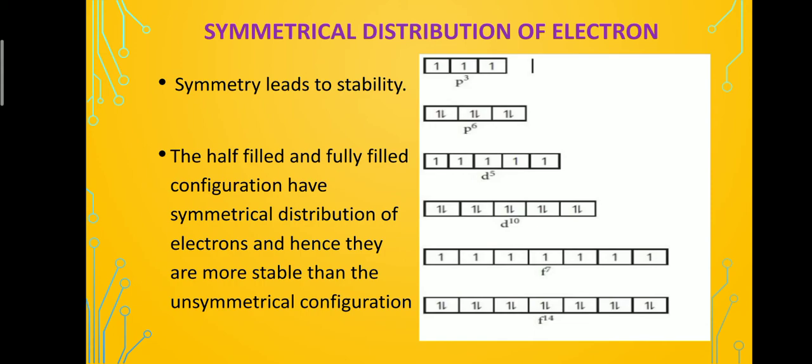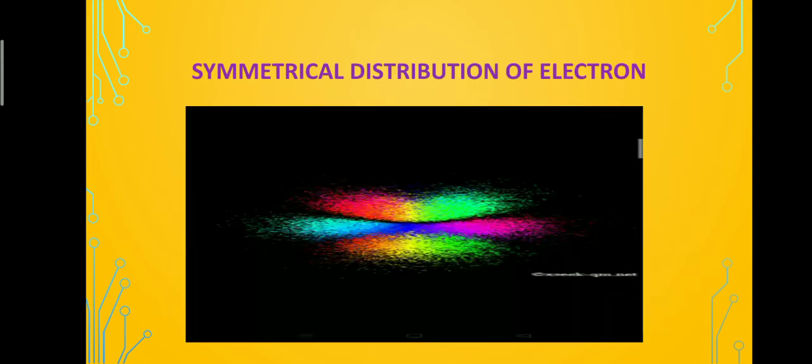So if the orbital contains this number of electrons, it will be more stable compared to other configurations. And this is a symmetrical distribution of electrons, and this is the orientation of electrons in the p orbital.